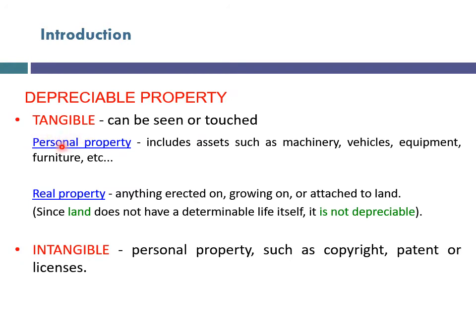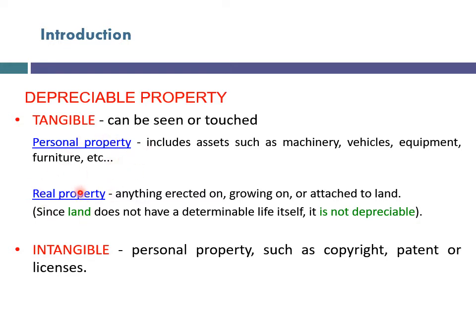The depreciable properties are classified into two as being tangible or intangible. The tangible properties are the ones that can be seen or touched. And these tangible properties can be divided into two main types, mainly personal property and real property. Personal property includes assets such as machinery, vehicles, equipment, furniture, and so on.